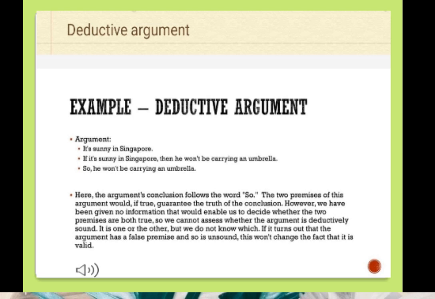So, we cannot assess whether the argument is deductively sound. It's one or the other, but we do know that if it turns out that the argument has false premises, it is unsound. This won't change the fact that it is valid.